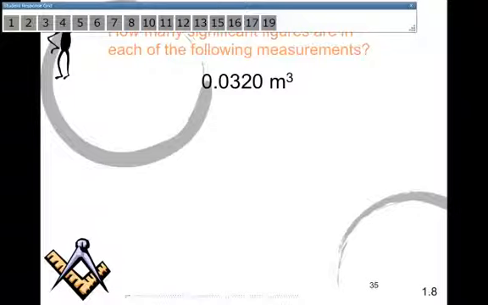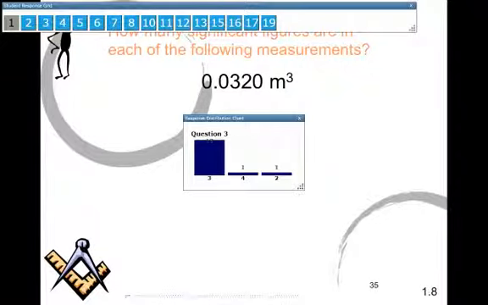Next, .0320 meters cubed. And it is 3. Okay, these zeros are called leading zeros.